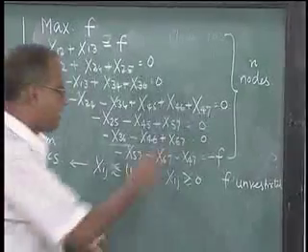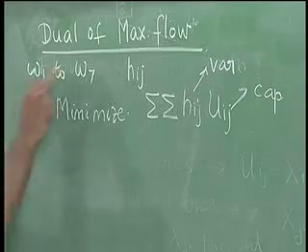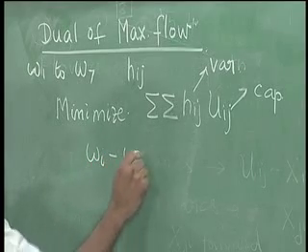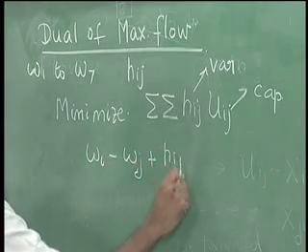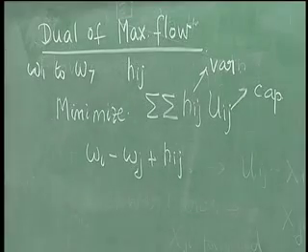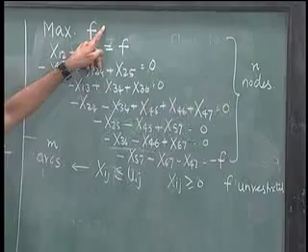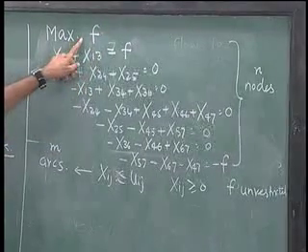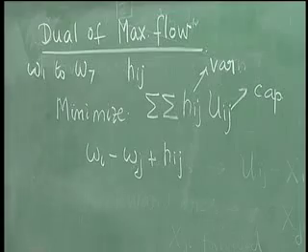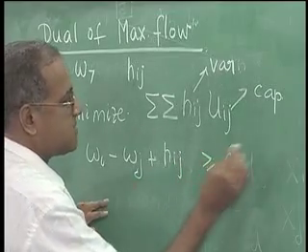So the corresponding dual constraint will become, for a typical xij, wi minus wj plus Hij. Now the objective function value is 0, every variable Xij has an objective function value 0. So it is a minimization problem, so you will have greater than or equal to 0.